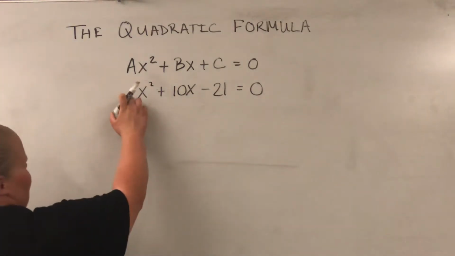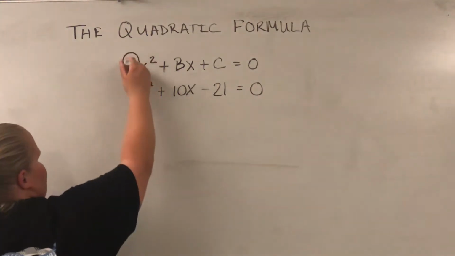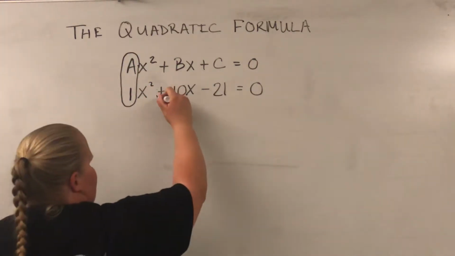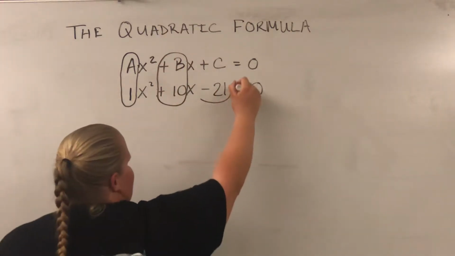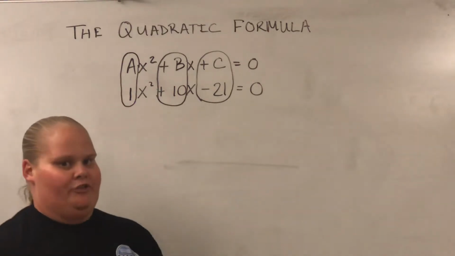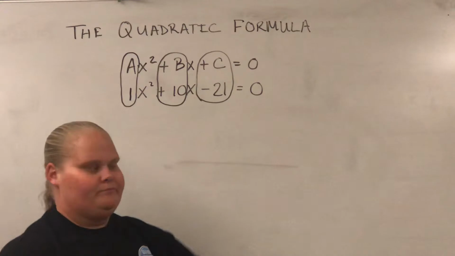Well, there's no number in front of x squared, so automatically that's 1. That means that a is 1. B is going to be positive 10, and c is going to be negative 21. The signs do matter, so make sure that you include them when you're identifying the letters.